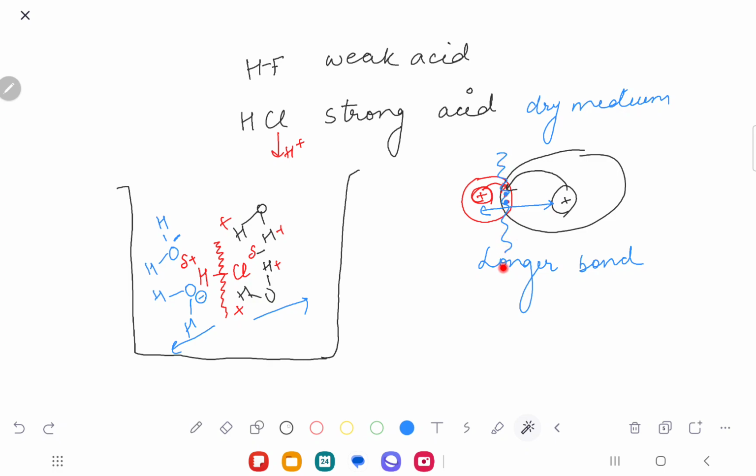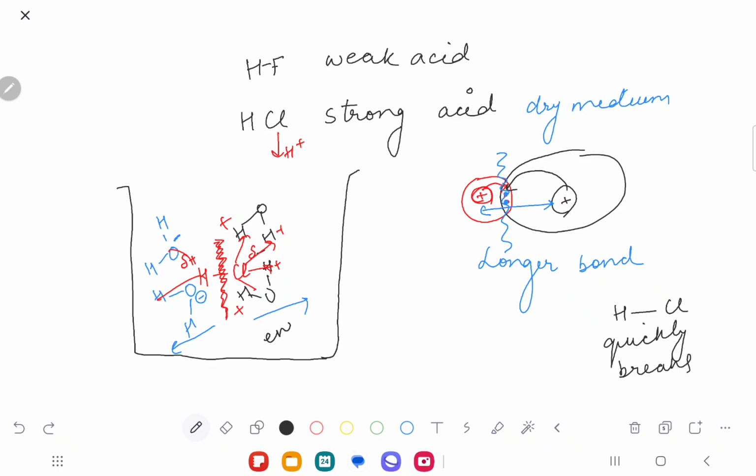I hope you're understanding. Any doubts in this? The HCl bond thereby will break very quickly with a little bit of pull from the water molecules.